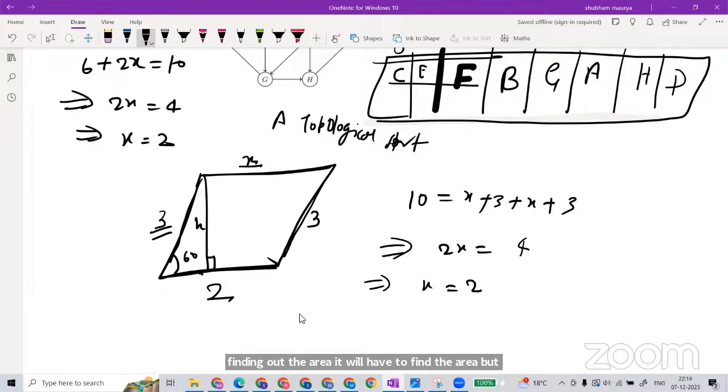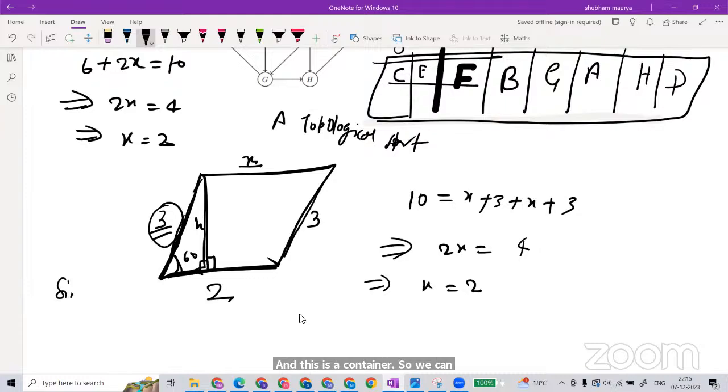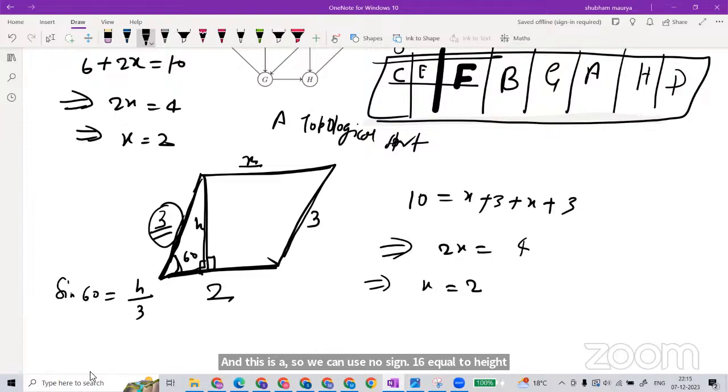So now this is a right angle triangle, right? Yes, sir. This is a right angle triangle, and this is hypotenuse. This one is height, this is base, and this is hypotenuse. So we can use now sin 60 equal to height over this 3, right?